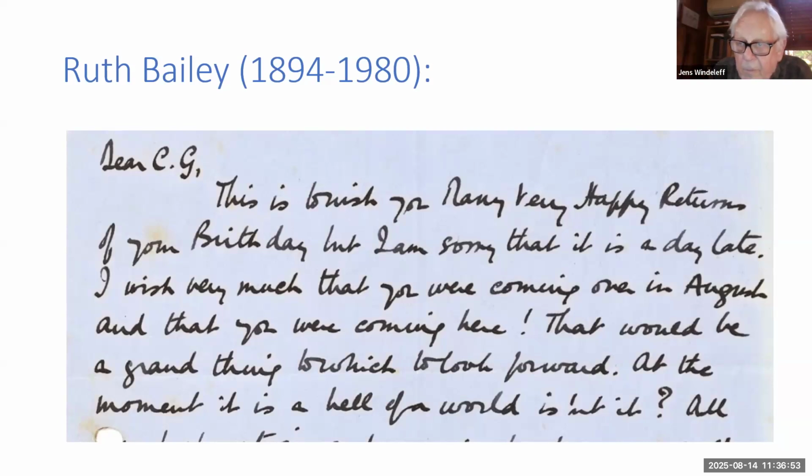And she kept that promise. And you can see her handwriting is very harmonious and warm and balanced. It's a really good handwriting, I think.